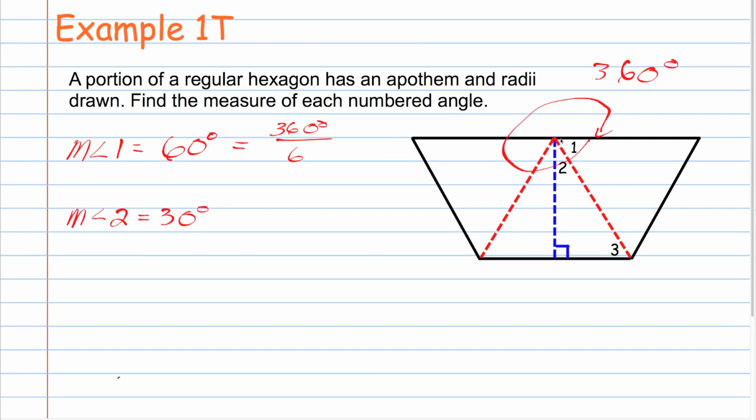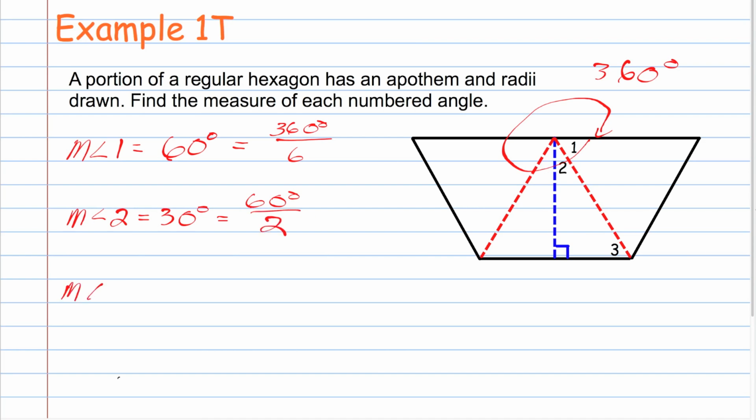This is a perpendicular distance from the vertex to the opposite side of a triangle. And when it's perpendicular and it's an equilateral or an isosceles triangle, we know that this angle is split in half. So we can calculate the measure of angle 2 by taking 60 degrees, the measure of the angle between the radii, and dividing it by 2.